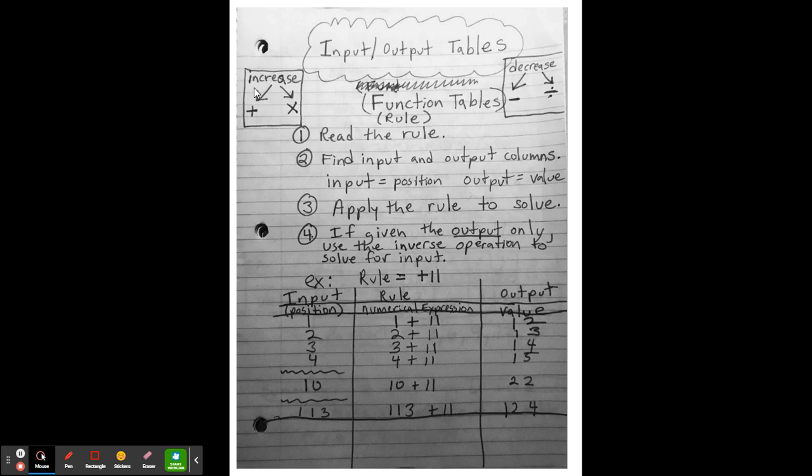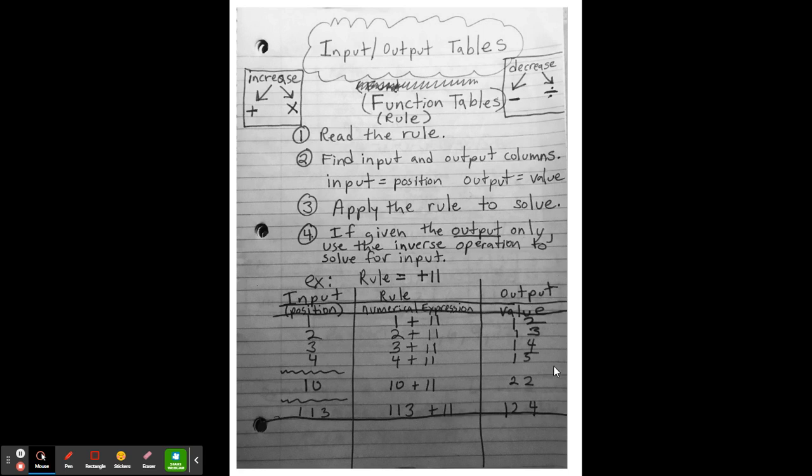One box says increase, one box says decrease. When the table is increasing, which means the input is smaller than the output, you are going to have either adding or multiplying as an operation to get to the output.